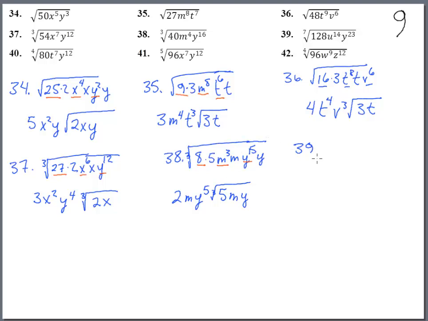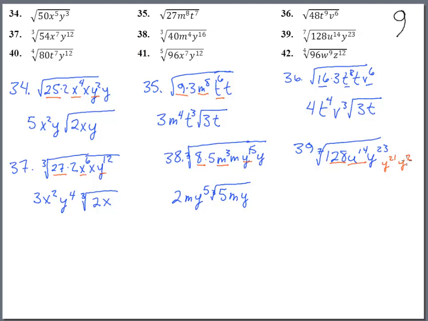39. Ooh, perfect 7ths. 7th root of 128, u to the 14th, y to the 23rd power. So we are now looking for perfect 7ths. 128 is a perfect 7th of 2, and u to the 14th is a perfect 7th, but y to the 23rd really should be written as y to the 21st, which is a perfect 7th.